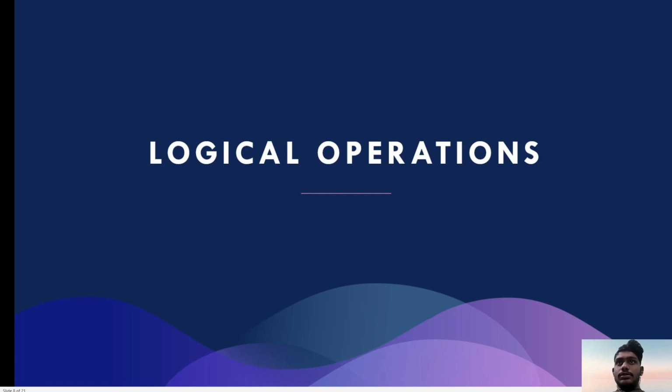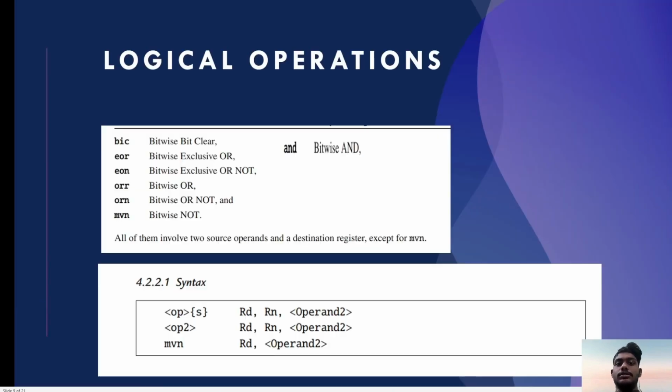Logical operations. We use these to perform various logical operations, and there are seven basic logical operations involved. Those are AND, bitwise AND, BIC, bit clear, EOR, bitwise exclusive OR, EON, bitwise exclusive OR not, ORR, bitwise OR, ORN, bitwise OR not, and MVN, bitwise not.